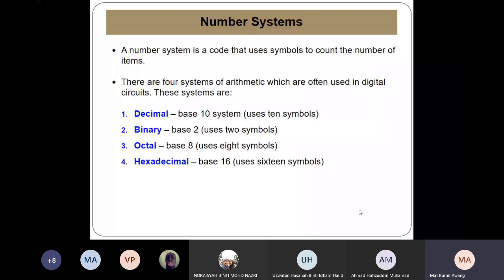Then after that, A, B, C, D, E, and F. F represents 15. So those are the symbols for those 4 numbering systems.